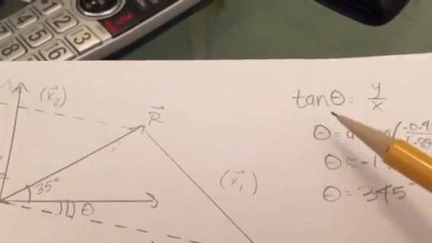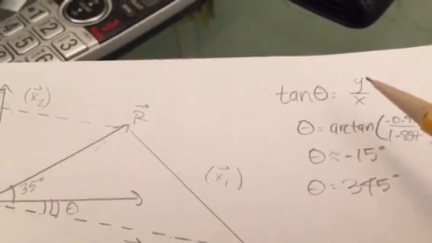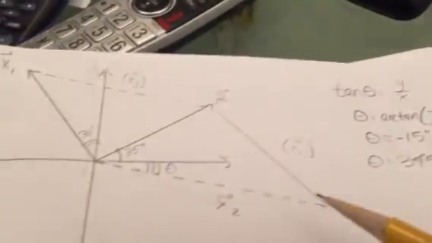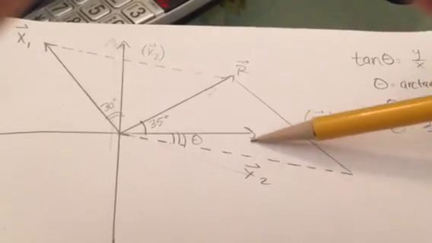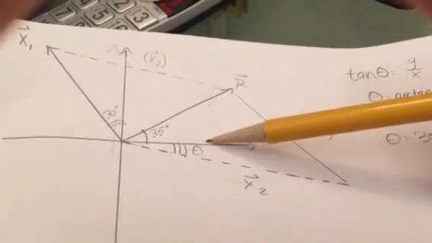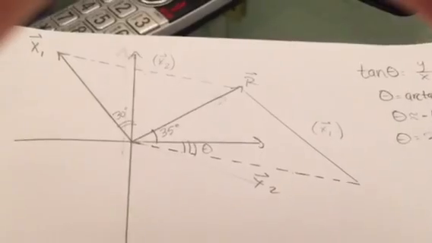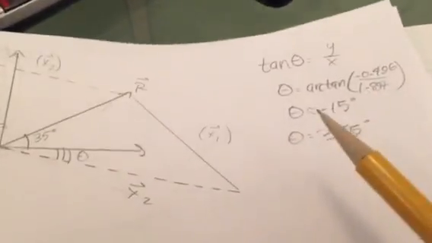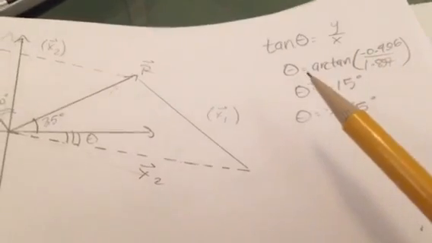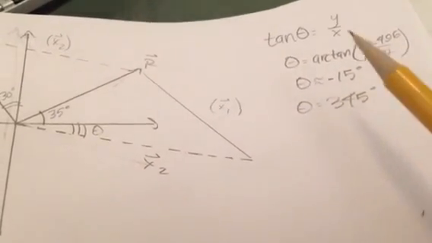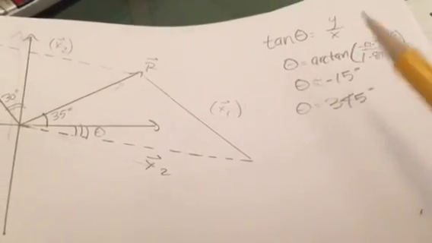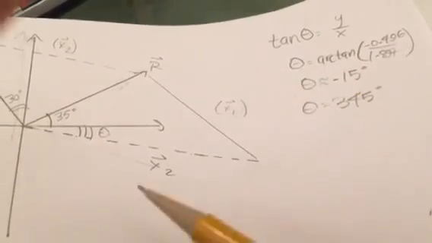Let's take a look. According to this, tangent theta is equal to the y component divided by the x component. And if we think about it, that makes sense. Imagine this is a triangle, y component over x component. Makes sense? Cool. So tangent theta equals y over x. If we isolate this, theta equals arctangent of the y component and the x component of x2.